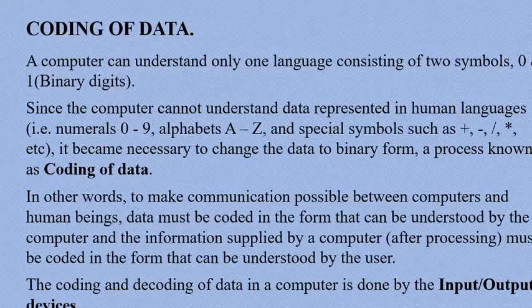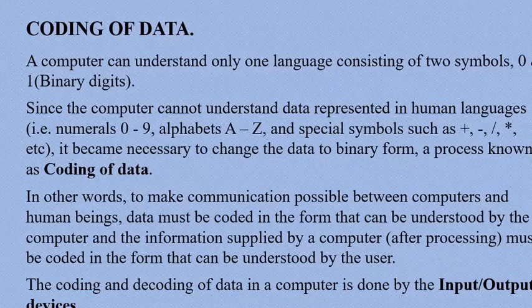Since the computer cannot understand data represented in human languages like 0 to 9, A to Z, special characters, it became necessary to change the data to binary form through a process called coding of data. And therefore, coding of data is changing the human readable data to machine readable form, that is binary form.